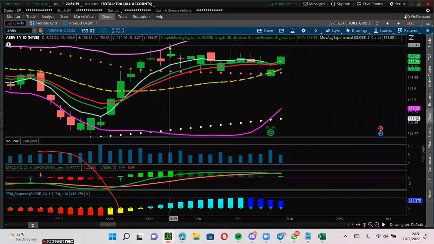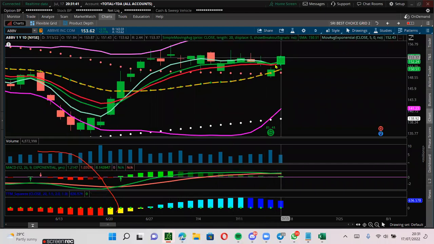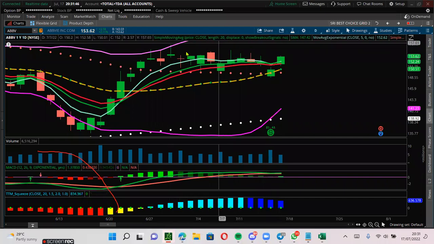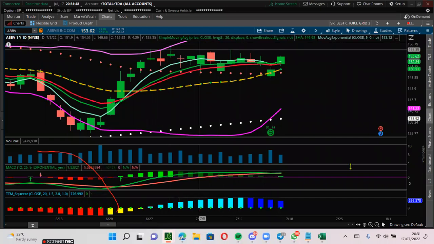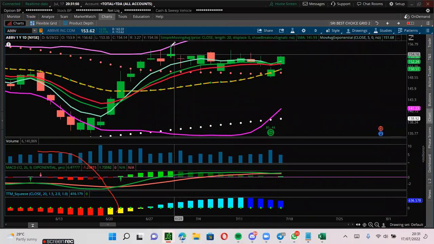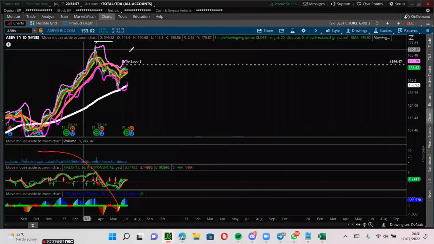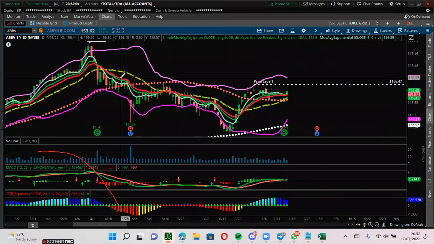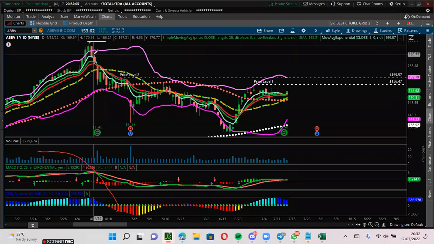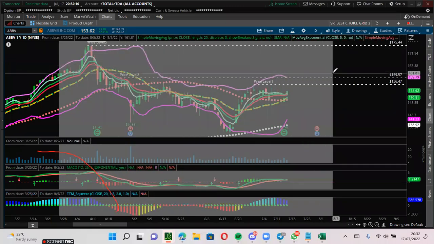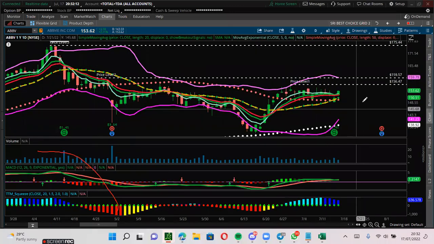Right now it is going sideways, but eventually it is trying to move back up. So if it breaks out 156, the next is 159, and this is actually good, looking solid. We have to see how it plays out.